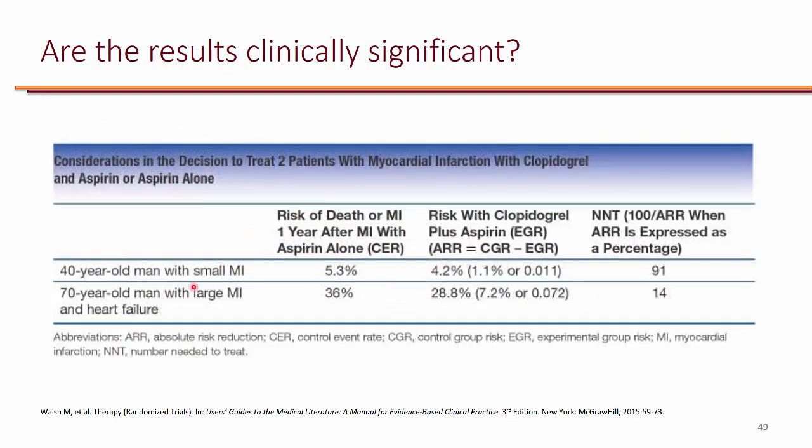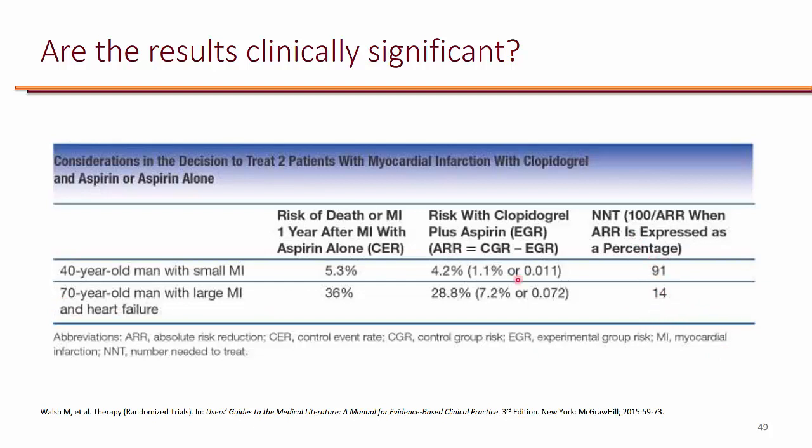So here's an example of when you apply it to your patients. Here's the number needed to treat, calculated for two different patients with different ages. So you see, for a 40-year-old, the number needed to treat is 91 versus for a 70-year-old the number needed to treat is 14.